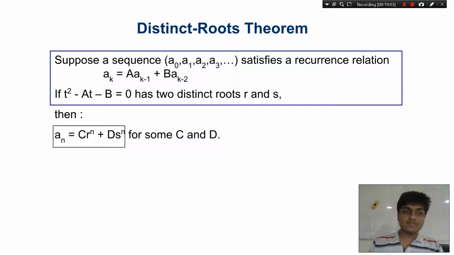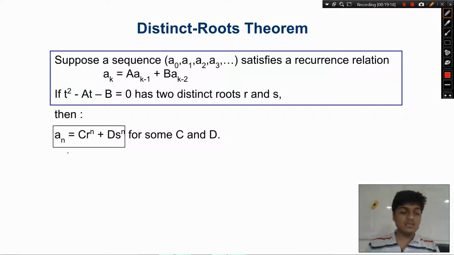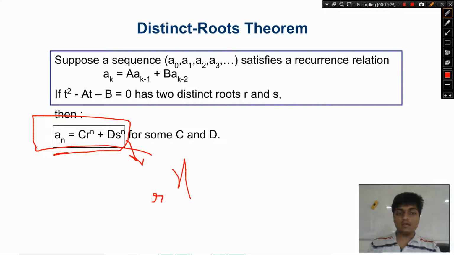So this theorem says that if the recurrence is given by a_k equals a_{k-1} plus b a_{k-2}, and this quadratic equation has two roots r and s, then any solution a_n to this recurrence is given by a linear combination of the two sequences r to the n and s to the n, right?